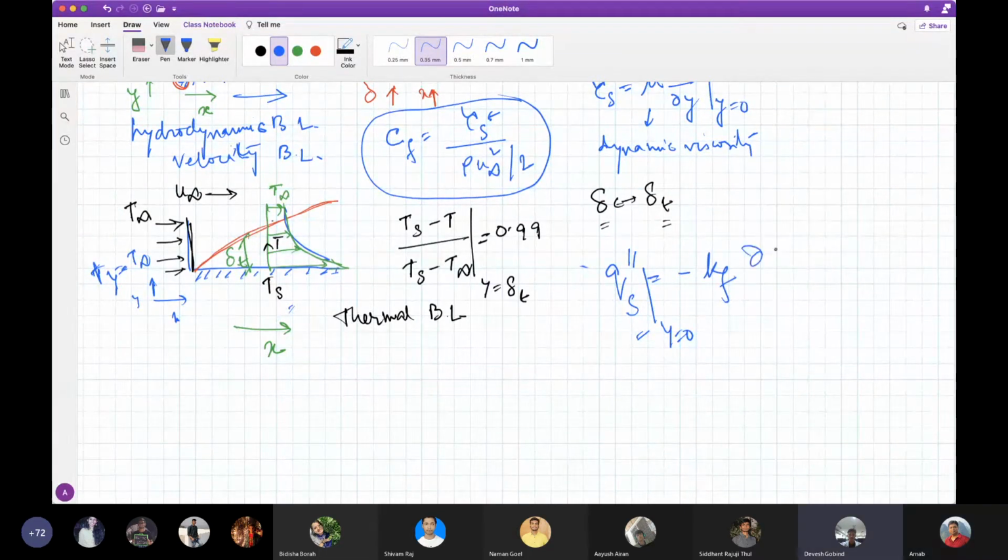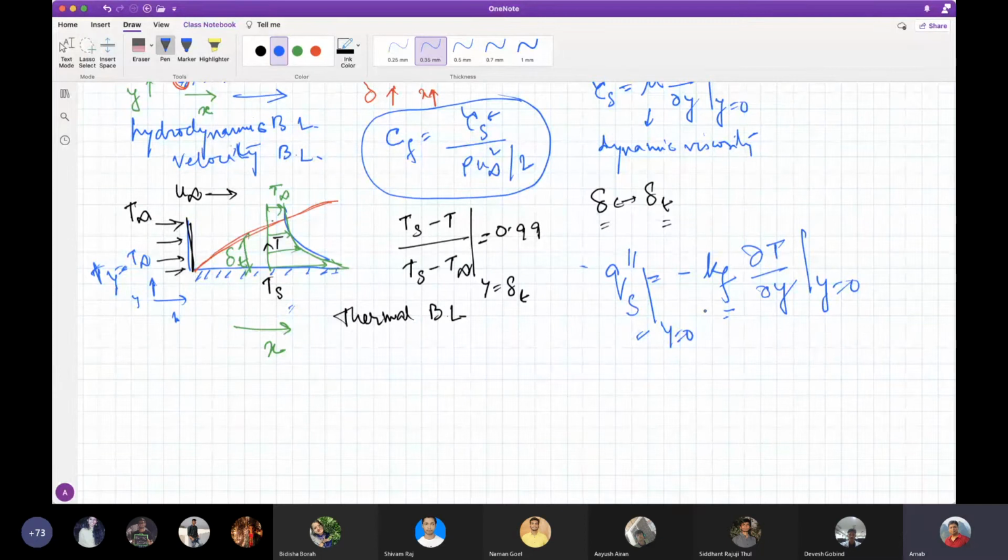K times dT by dy at y equals 0. Agreed? Yes, sir. But this K, you said just K, Devesh. I have specified that it is Kf, where f stands for the fluid, because there are two things when we are considering adjacent to the surface, the fluid.